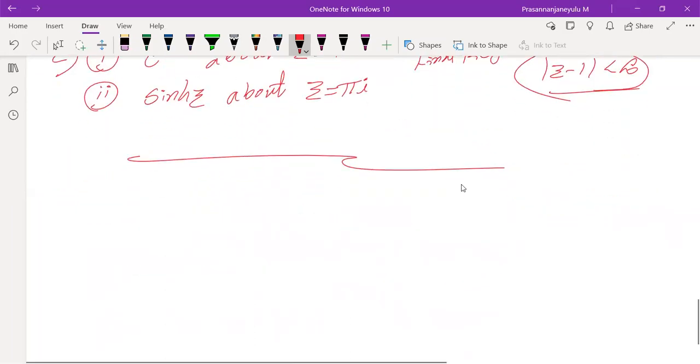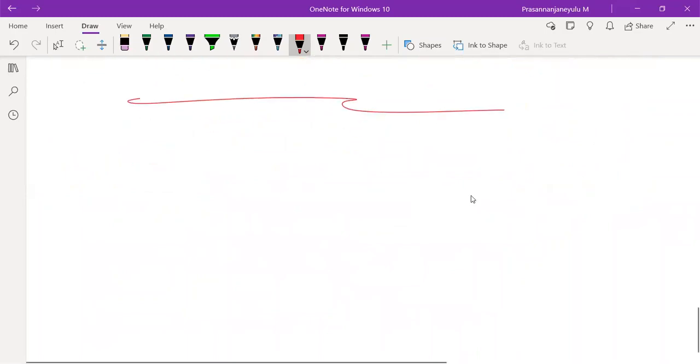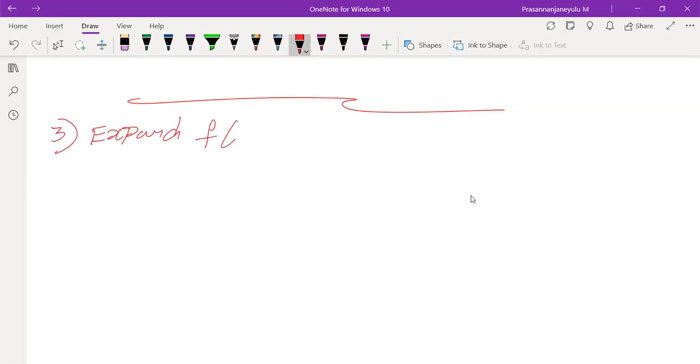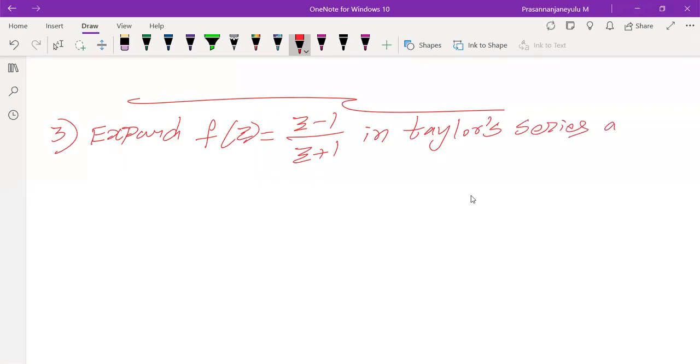Okay, going for a little bit typical problems. So the third one is: expand f of z equals z minus 1 by z plus 1 in Taylor's series about the point.